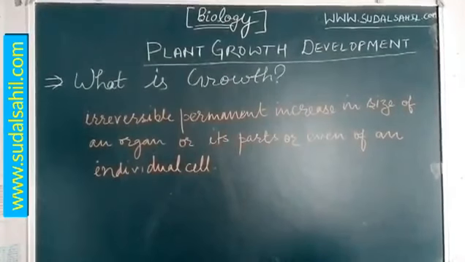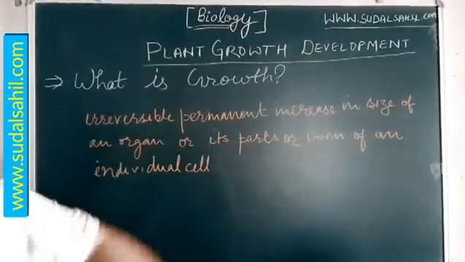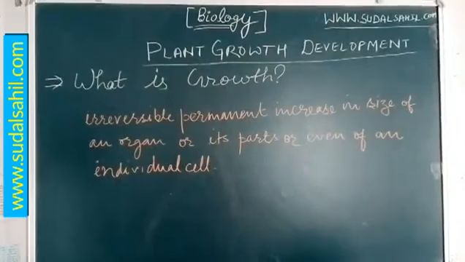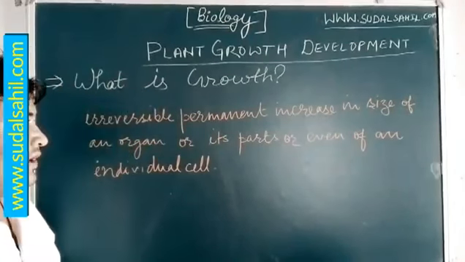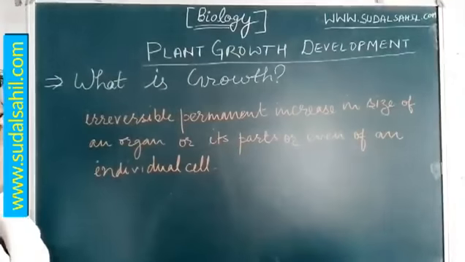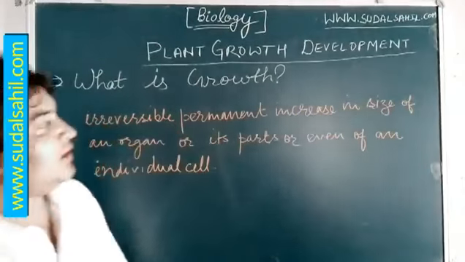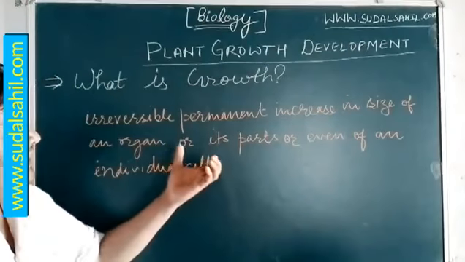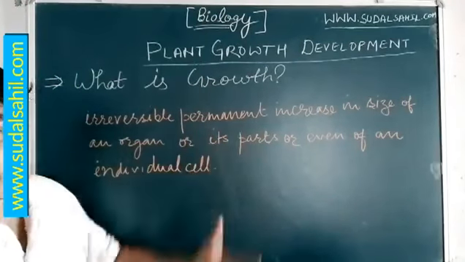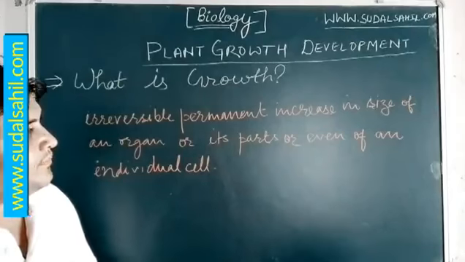So what is growth? Growth is the irreversible permanent increase in size of an organ or its parts or even of an individual cell. So growth is irreversible. Irreversible means it can't be reversed. We can't come back. Permanent means not temporary.